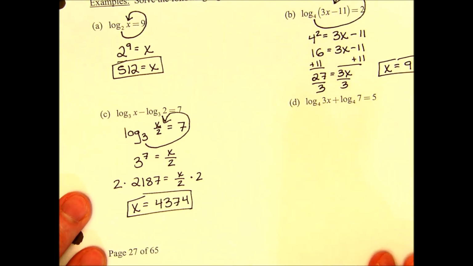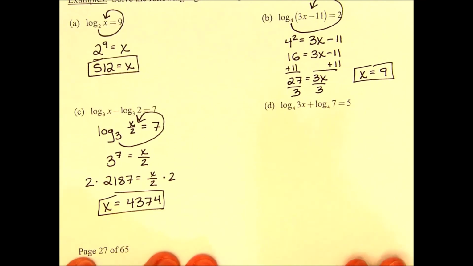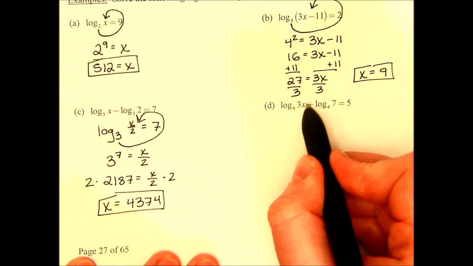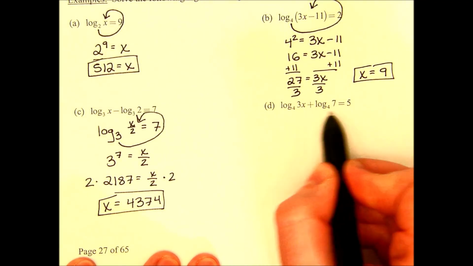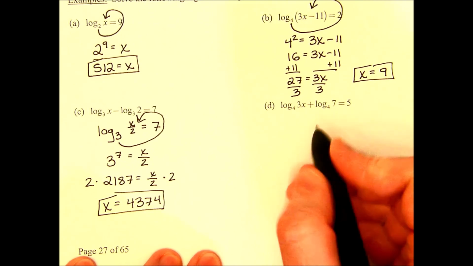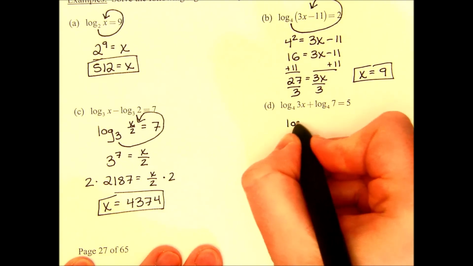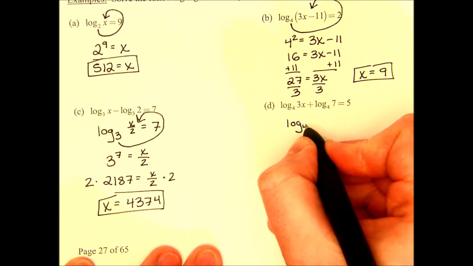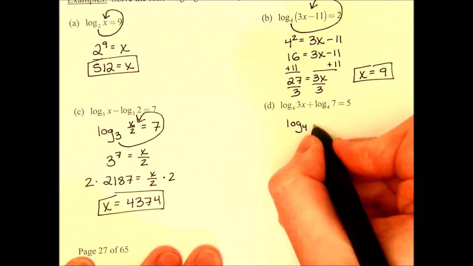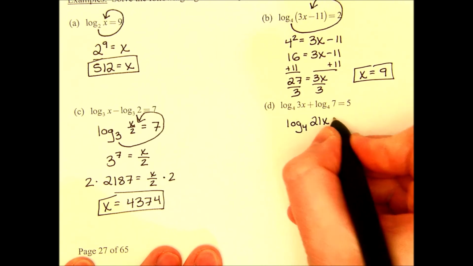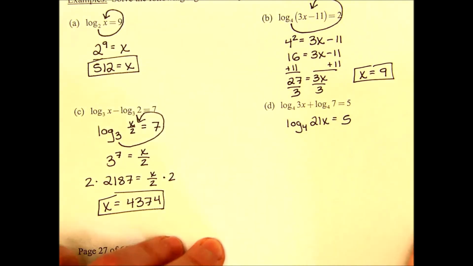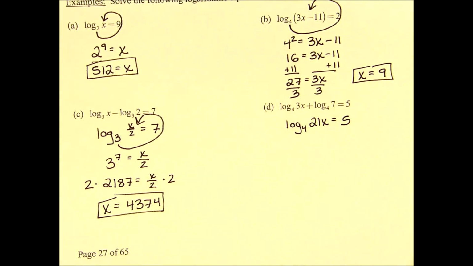Last one, letter D. Because we're adding these two logs, we're not going to divide the stuff inside. Instead, we're going to multiply the stuff inside. We're going to get log base 4 of, well, let's see, 3x times 7 should give you 21x equals 5. See if you can go solve, and when you're done, I'd like you to give an exact answer.